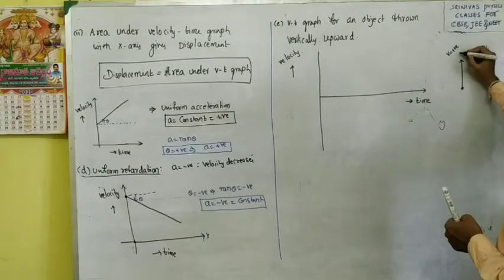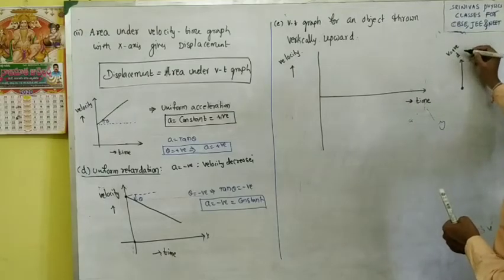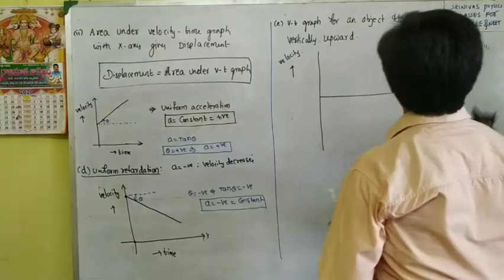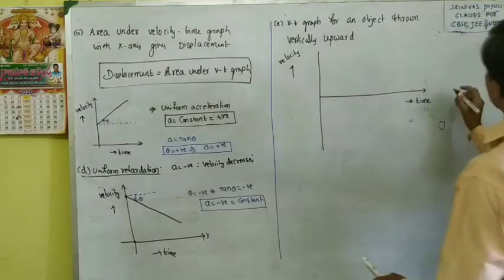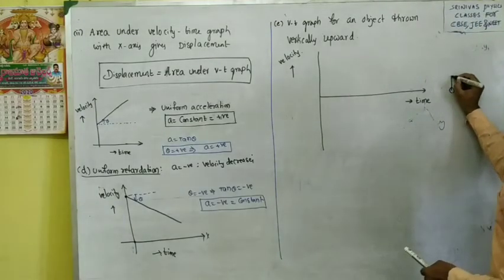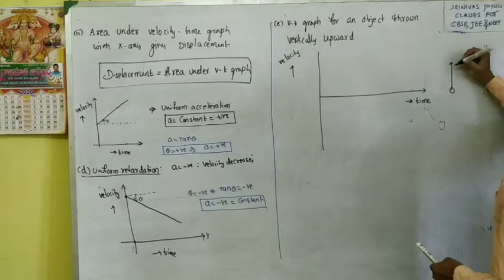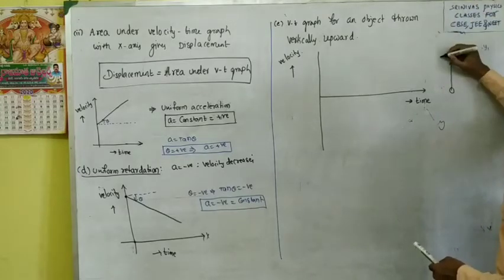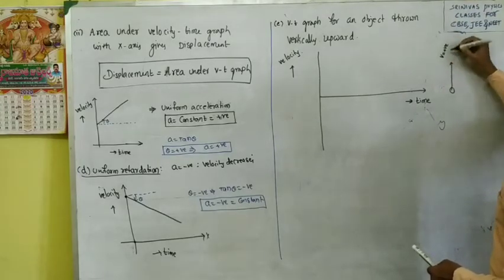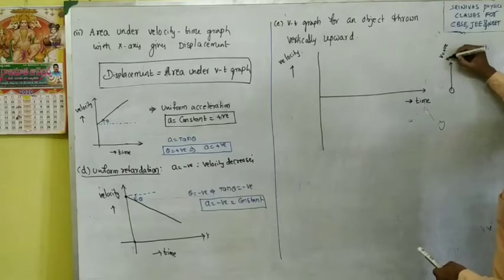Velocity is positive and decreasing, right? When an object moves upward, this is an object moving upward, then we take the positive y-axis as velocity positive, but the velocity is decreasing.